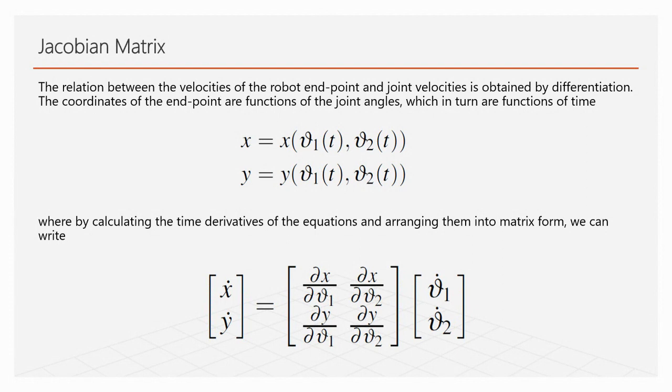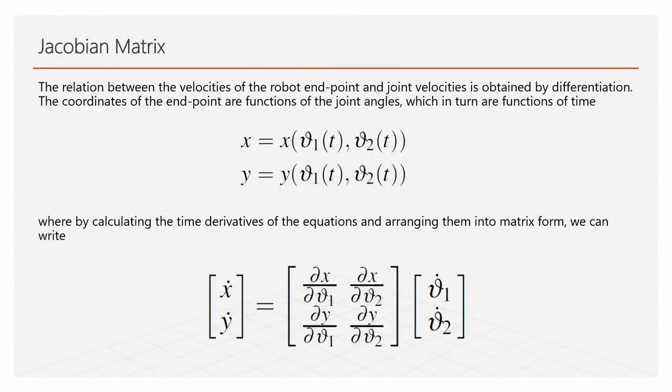Okay, just a basic review again. We did this before, but I want to make sure everything is clear. Regarding the Jacobian matrix, the relationship between the velocities of the robot endpoint and the joint velocities, rotational velocities obviously, is obtained by differentiation.